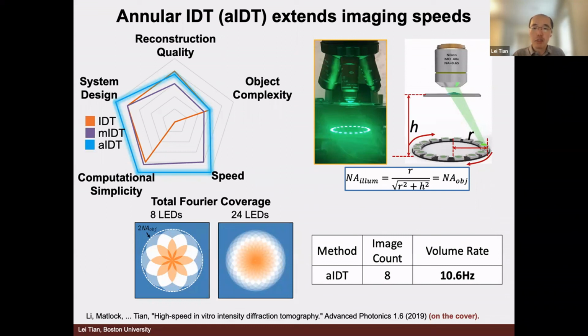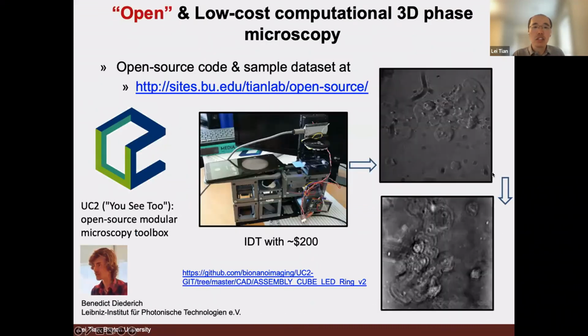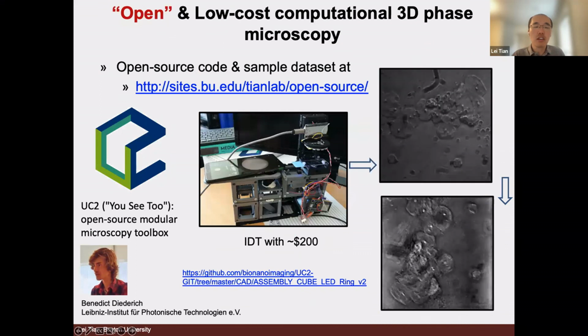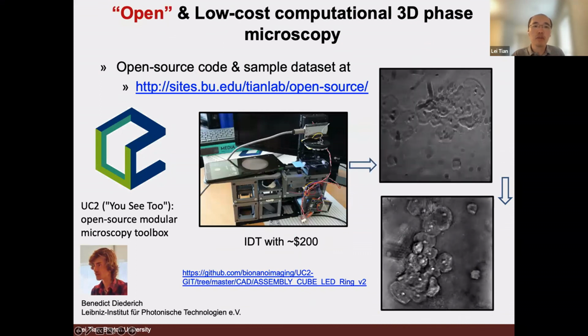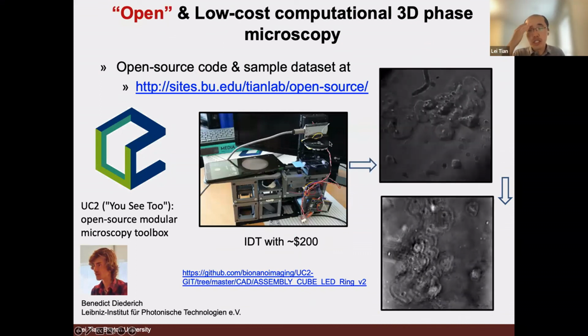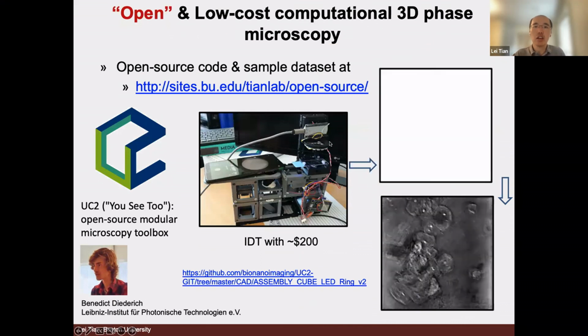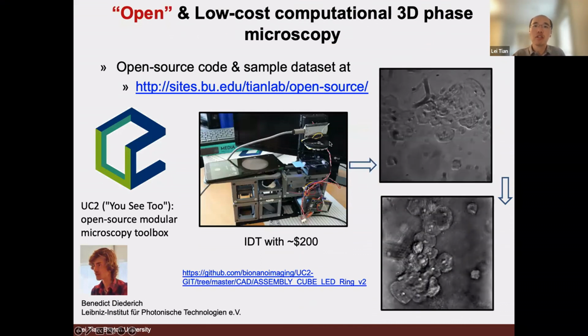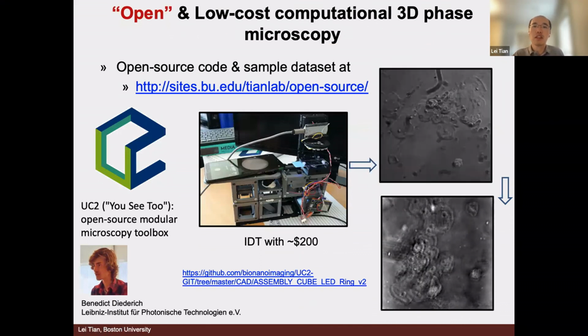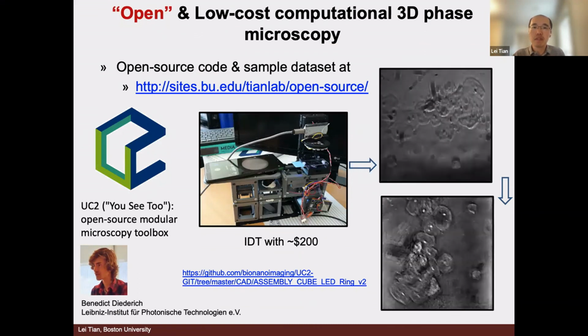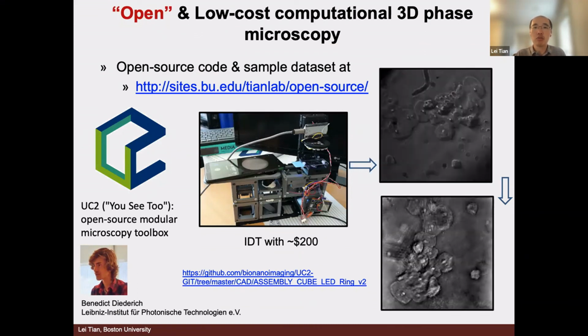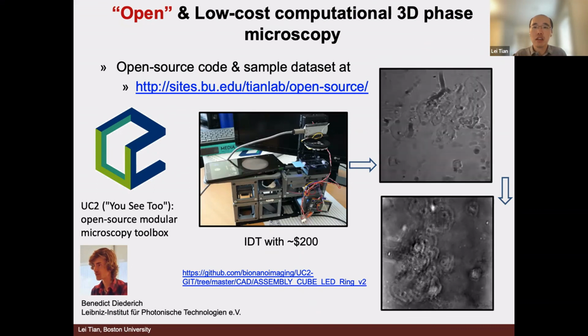But if you look at the Benedict version, he uses, I forgot whether it's an identical ring or even a smaller one. So all I'm saying is that the technology itself is scalable. It really depends on how small a platform you want to fit it in.